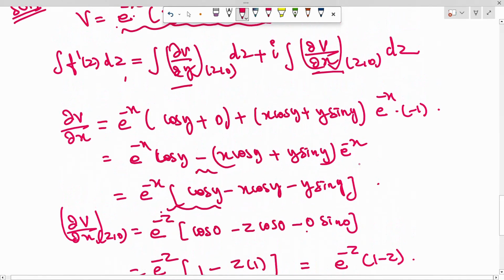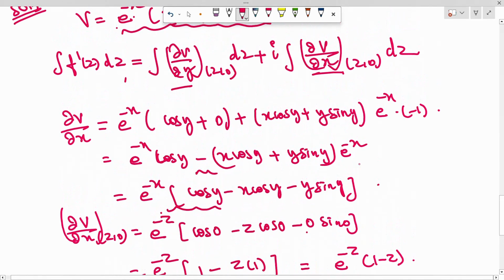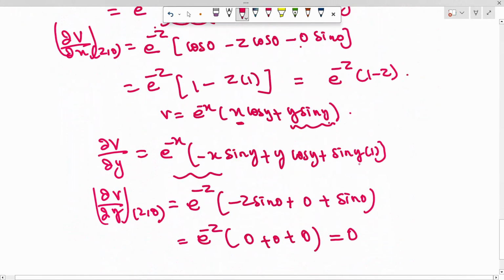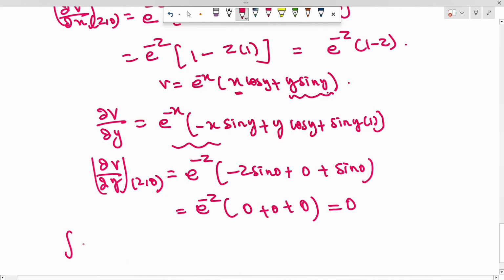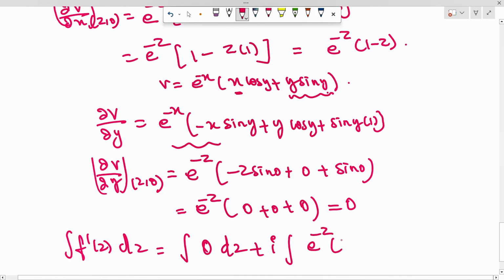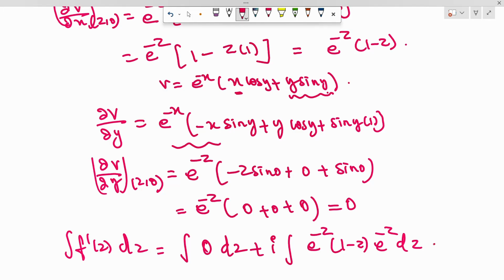Now substitute these two values in the formula. The first term is fully 0, which means the integral of f dash of z dz is equal to the integral of dou v by dou y, which is 0, into dz, plus i into the integral of dou v by dou x, which is e power minus z into 1 minus z, into e power minus z dz.